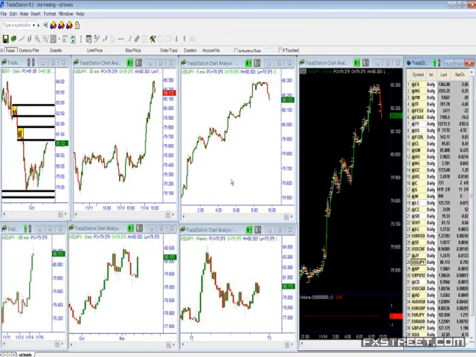All right, let's take a look. Here's the weekly. Okay. So we've got a nice fresh weekly supply up here. But again, just looking at this, that would always force me to go down to a smaller time frame.